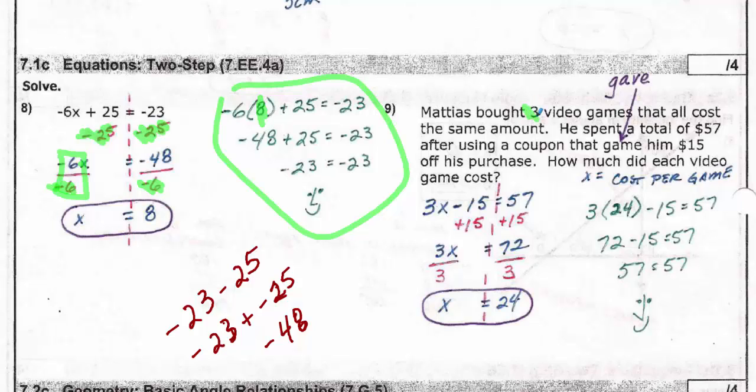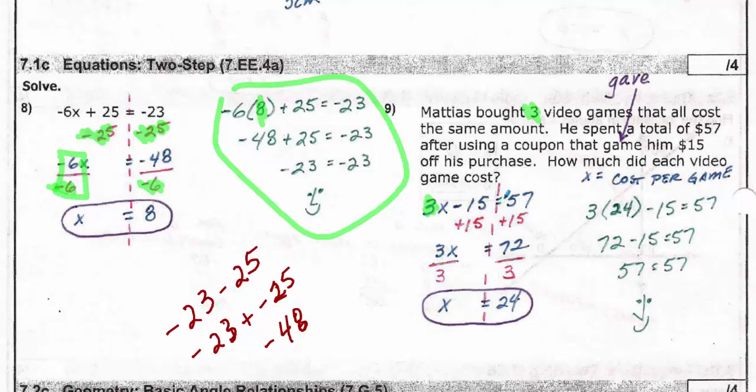So, bought 3 video games. He bought them, and when he got them to the counter and the person rang them up, he said, oh, wait, I have a coupon for 15 off. So we have to subtract the 15 here. We're subtracting it from the original price of the games.